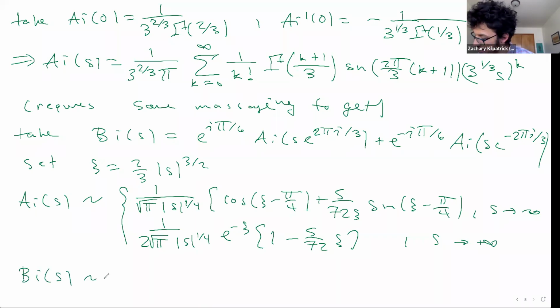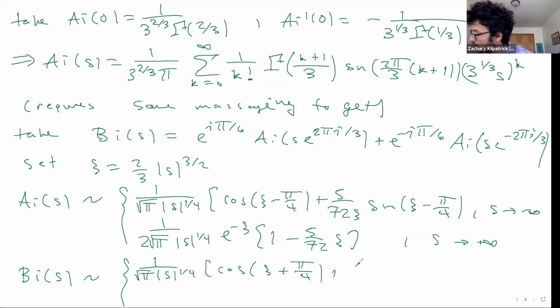Bi is going to be something similar. It's going to be some lengthy expression, 1 over square root of pi s to the 1/4 cosine of psi plus pi over 4 plus 5 over 72 psi sine of psi plus pi over 4, as s goes to minus infinity.